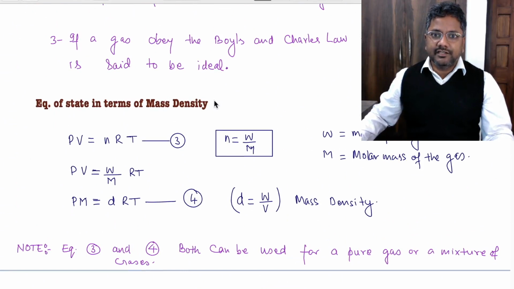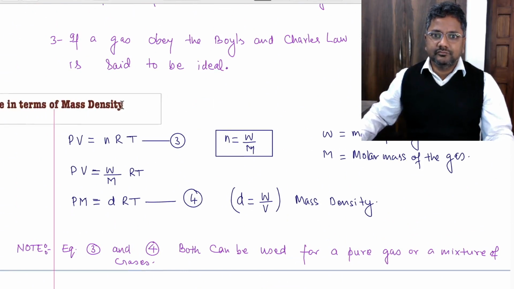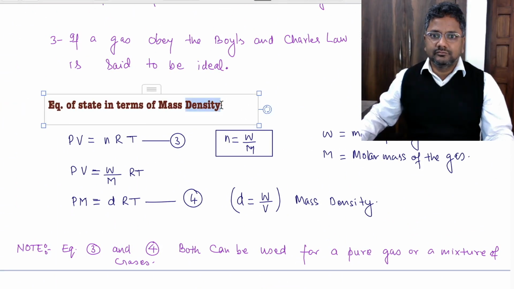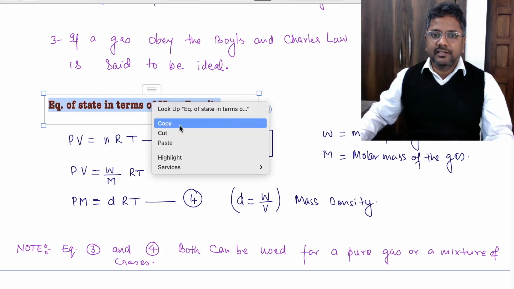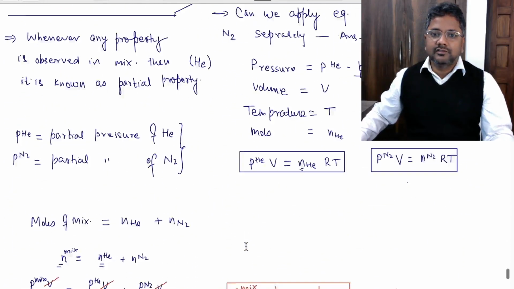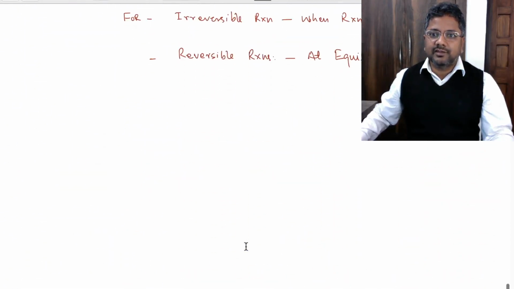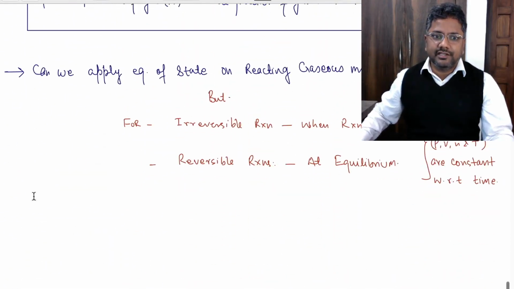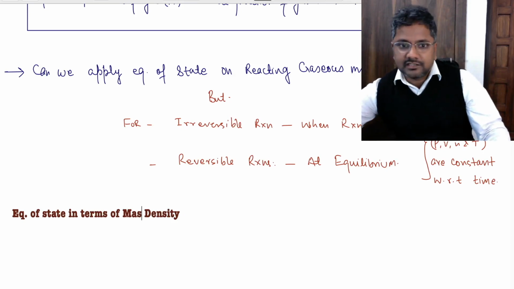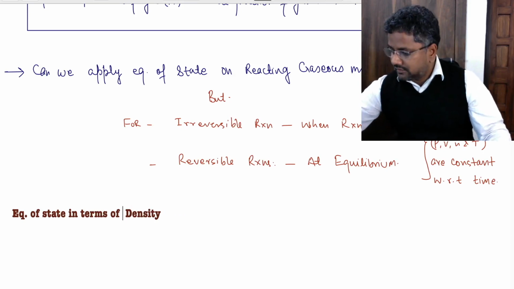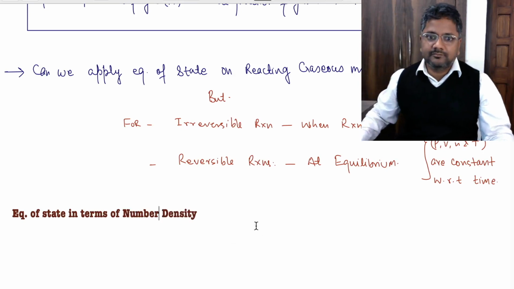Now one more term we can use here: the equation of state in terms of number density. So how to express this equation of state in terms of number density? In place of mass, we can take number.